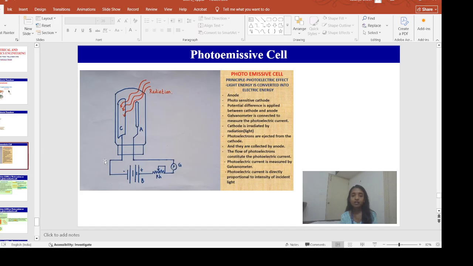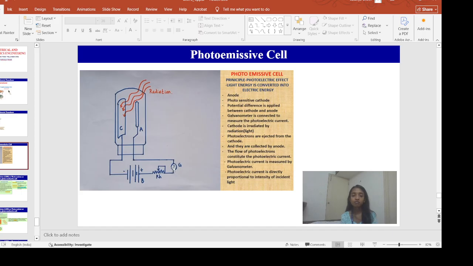If the electrons are flowing this way, we know the current, which is called the photocurrent here, will move opposite to that of the electrons. So if the electrons are moving from left to right, the photocurrent will be flowing from right to left. And what is the value of the photocurrent?